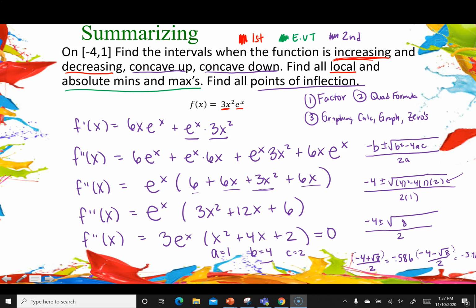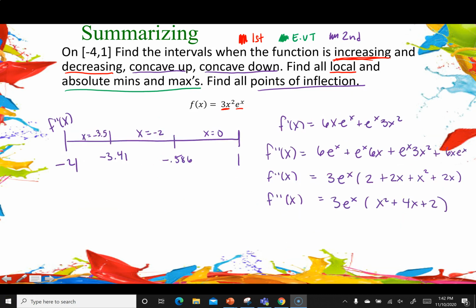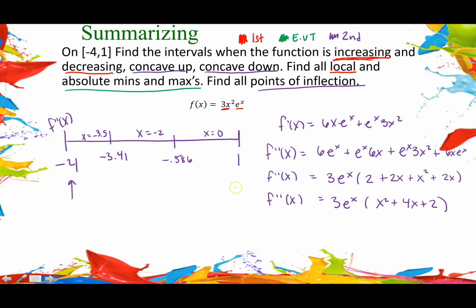So we need to now draw, those are possible points of inflection. We need to graph on our chart our second derivative test. All right, so here's my second derivative test chart. Notice that I put my end intervals right here. Those are my endpoints from here.